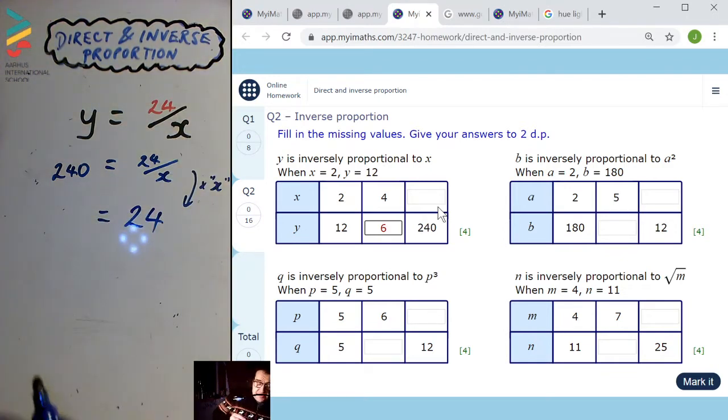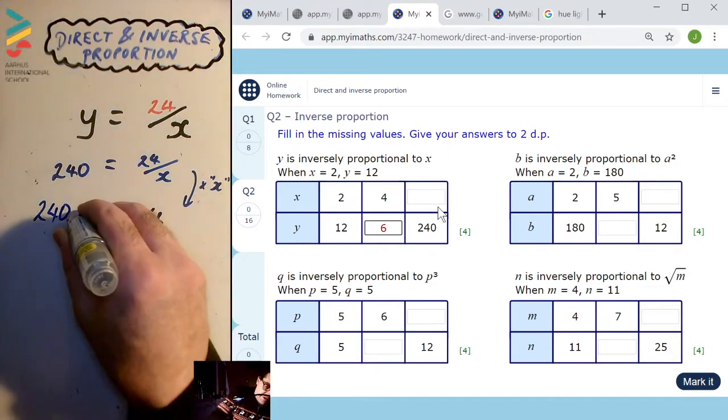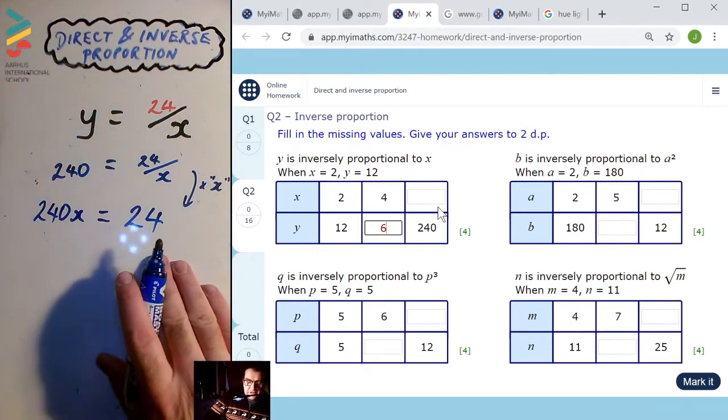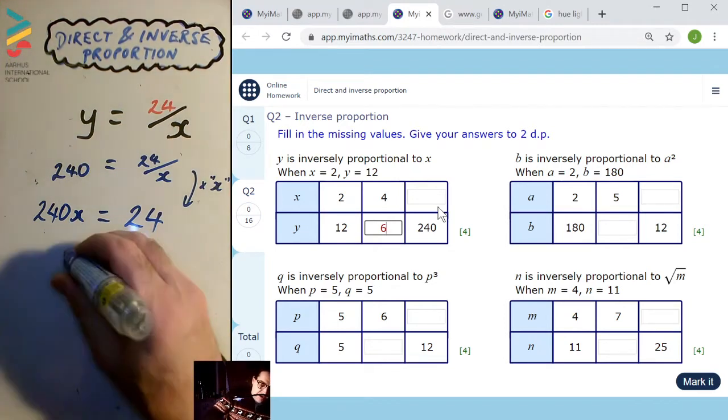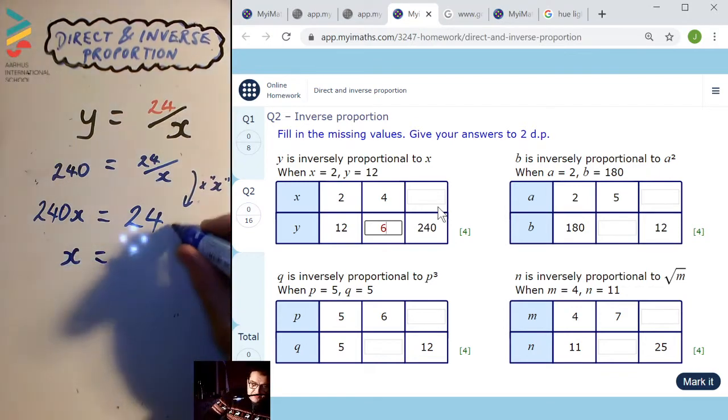But because an equation is like a balance, I want to do the same thing on the other side. So multiplying 240 by x, I get 240x. So 240x's are equal to 24. I just want to know what one single x is, so I need to divide everything by 240.